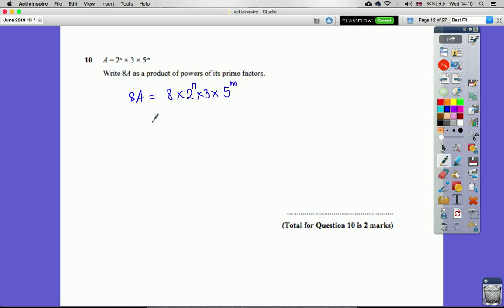Now, 8 can be written as 2 to the power of 3 times 2 to the power of n times 3 times 5 to the power of m. And now, if I simplify this part, then I will get 2. When you multiply, you add the powers, so that's 2 to the power of n plus 3, multiplied by 3 multiplied by 5 to the power of m.